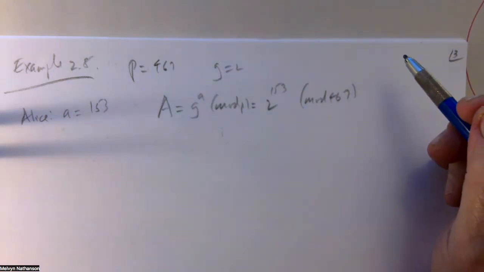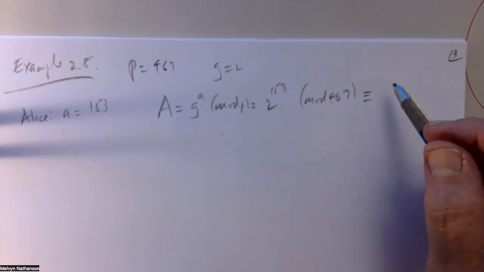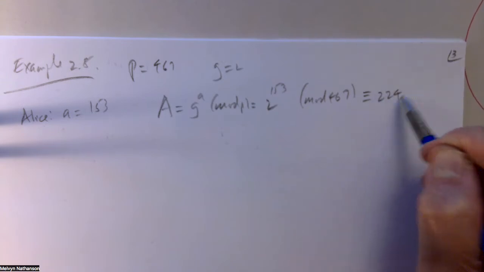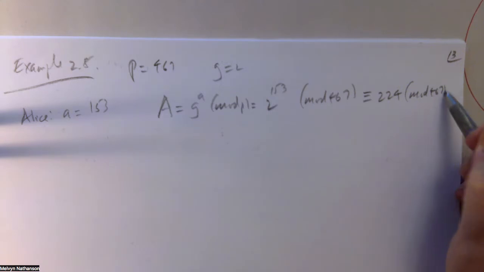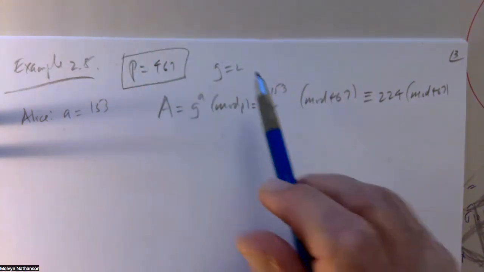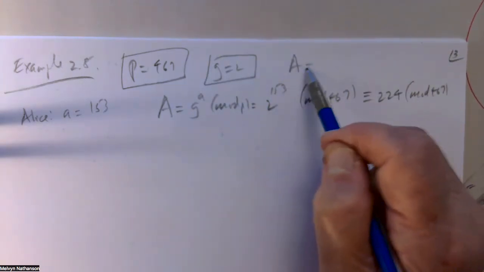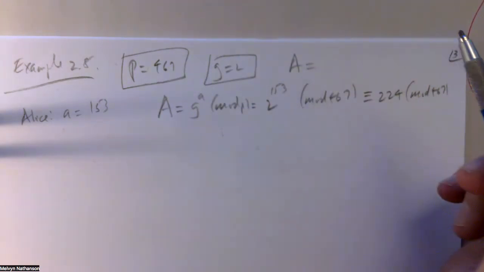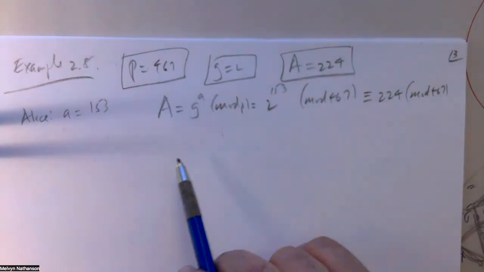And if you calculate that, or if your computer calculates that, this is the number 224 mod 467. So what is publicly known is the prime P, the primitive root 2, and now A, Alice publishes her number, which is 224.